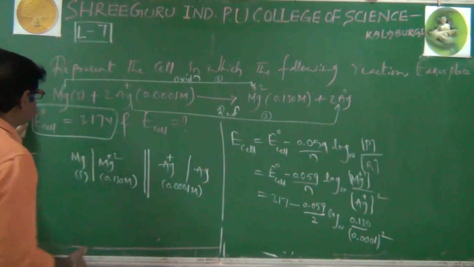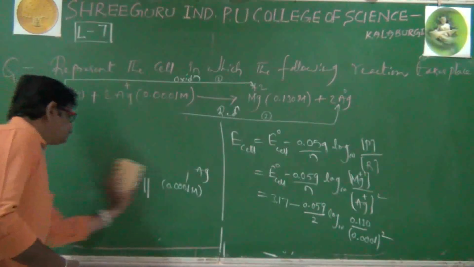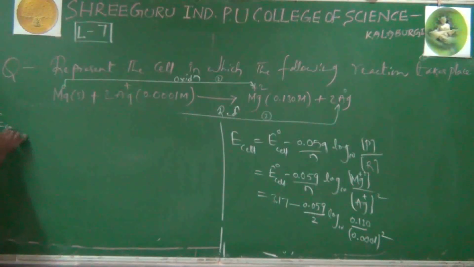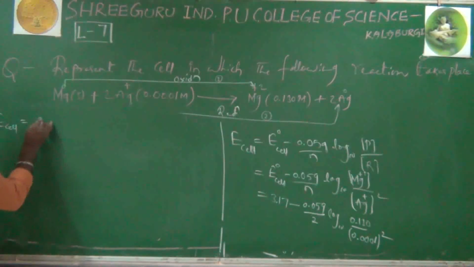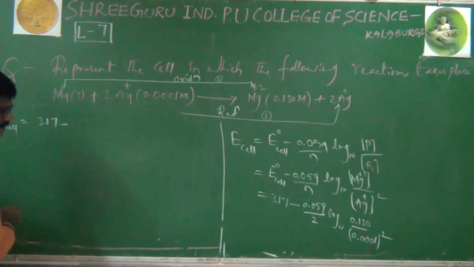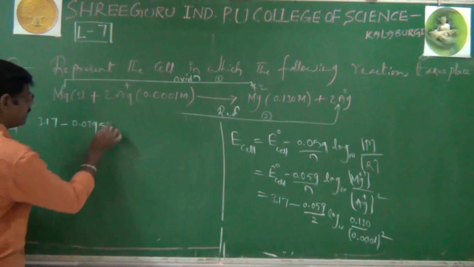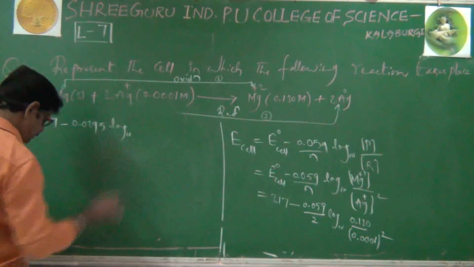Now we will continue here. Our E cell potential is equal to 3.17 minus, if you divide that you will get 0.0295 log base 10.